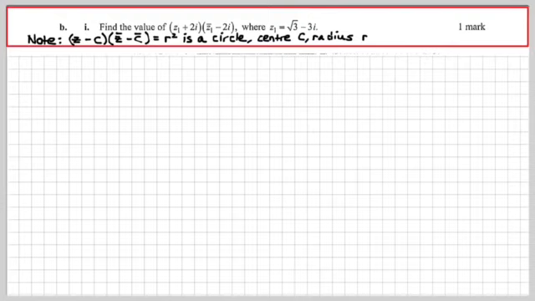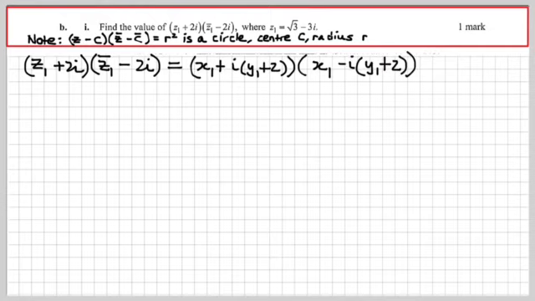So let's just do this question and see what we get. This Z1, in this case, is this number here, root 3 minus 3i. So let's just go with it and substitute that in and see what we get. In general, if you substitute x1 plus i y1 for z1, you'll get this, okay, and we'll substitute the actual numbers in a moment.